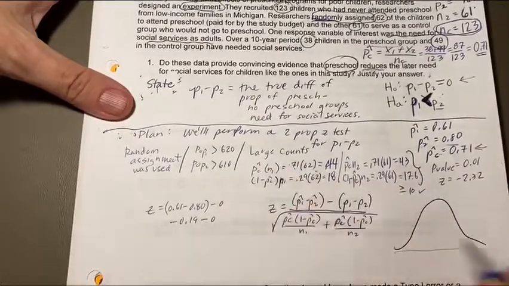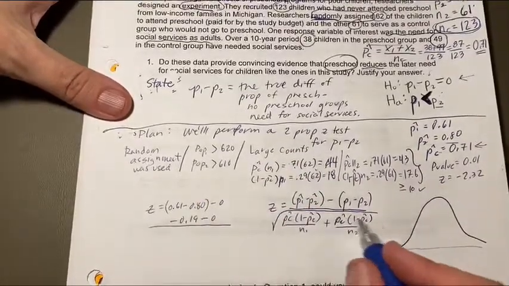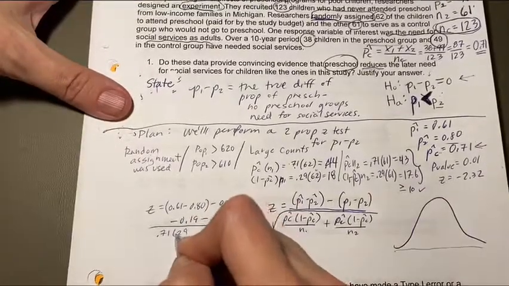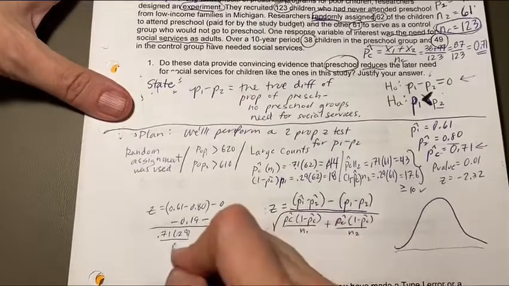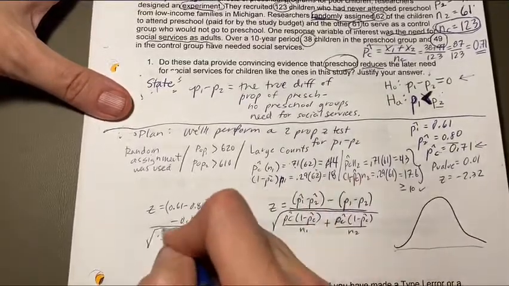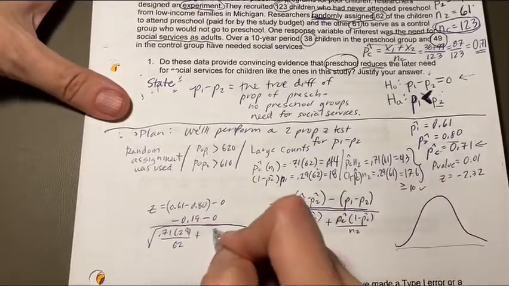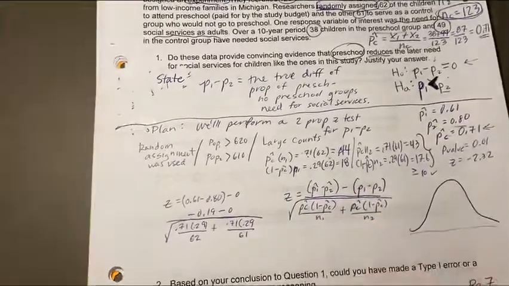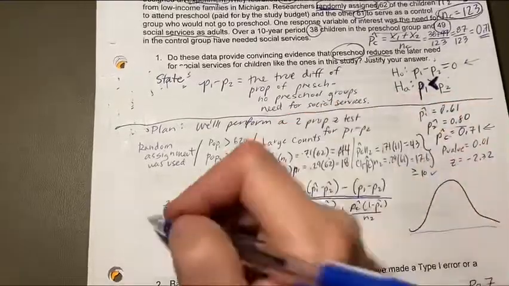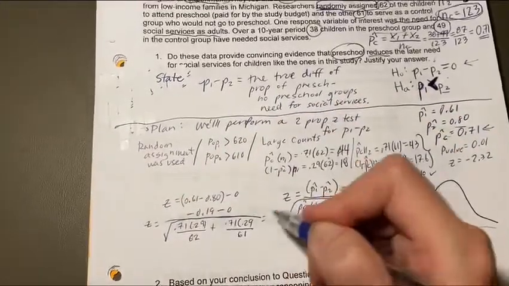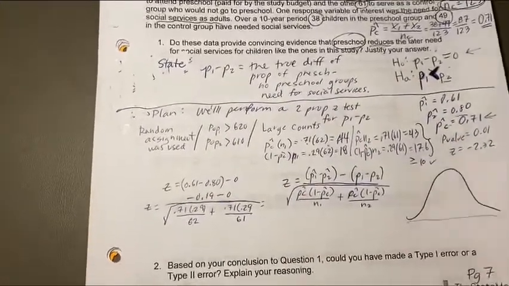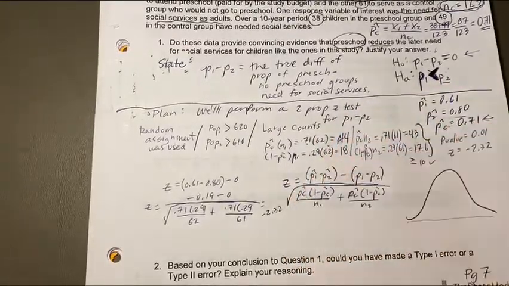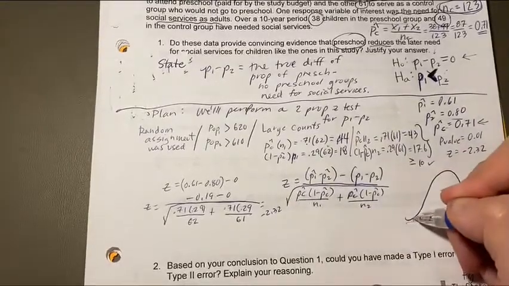So minus 0, all over this gobbledygook. So that's the 0.71 times 0.29 all over 62, and the 0.71 times 0.29 all over the 61. And the calculator did the work for us. It came up with the z-score of, we already wrote it down, negative 2.32. Negative 2.32. So what does that tell us?